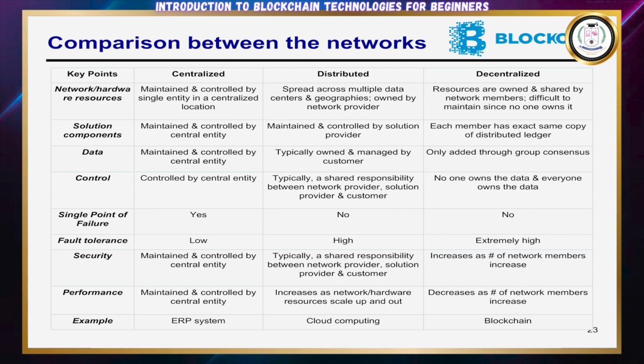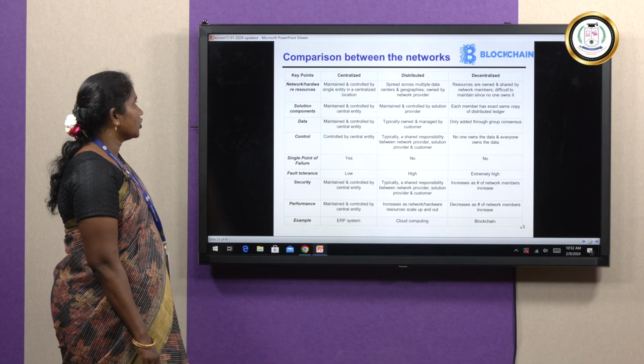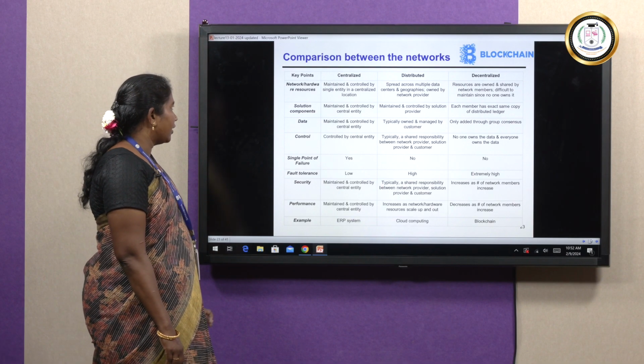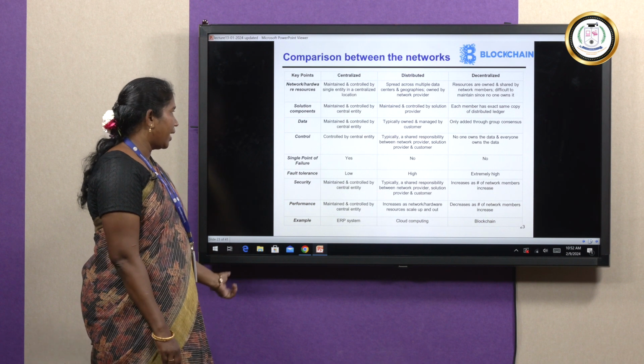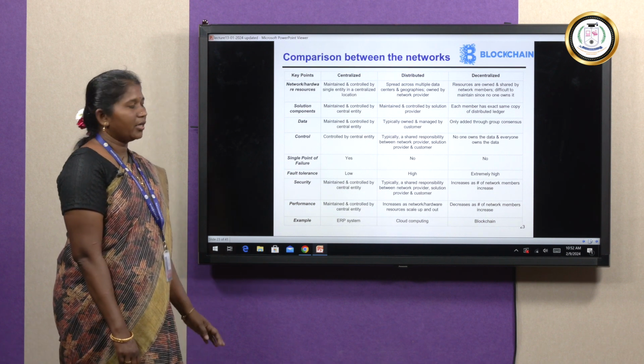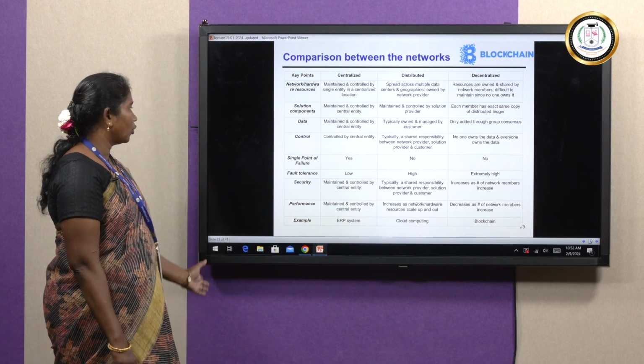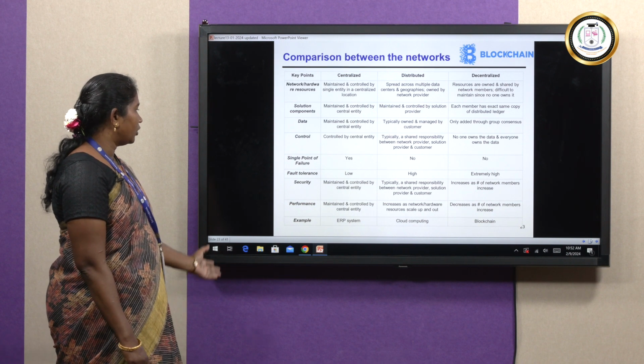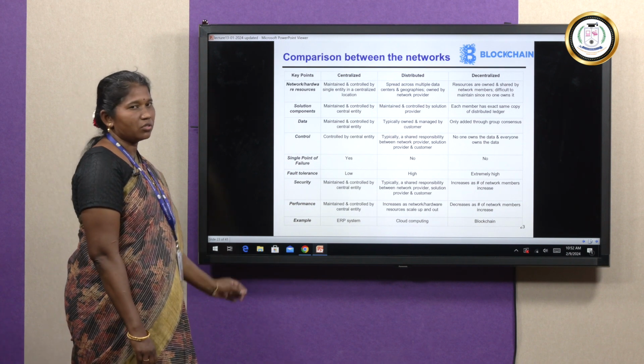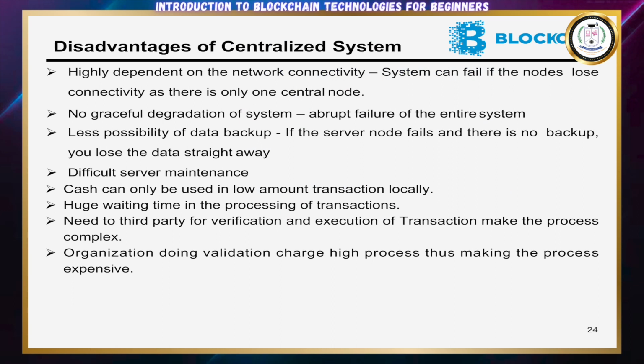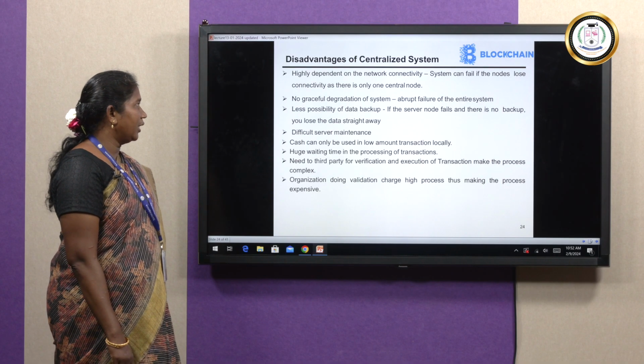Here, these are the key points to distinguish each of the networks: network, hardware resources and data, control, single point of failure and fault tolerance. Security wise, these are some of the differences displayed here. And what are the disadvantages of the centralized system? It is highly dependent on network connectivity, and there is no graceful degradation of the system.